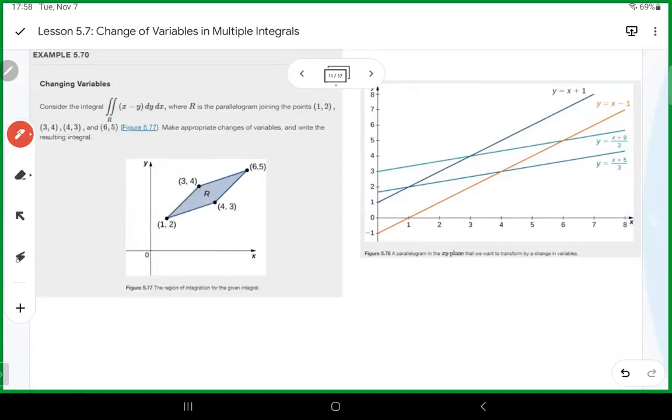Okay. So first we need to understand the region over which we are going to integrate. The sides of the parallelogram are, and they actually give them to you right there. Yes, these are all the sides.